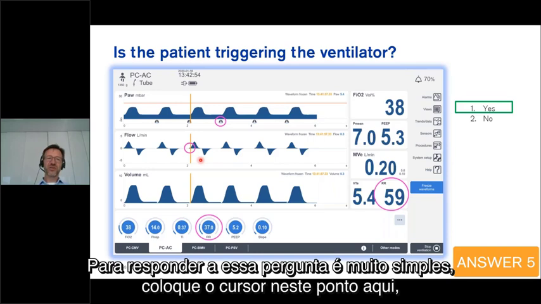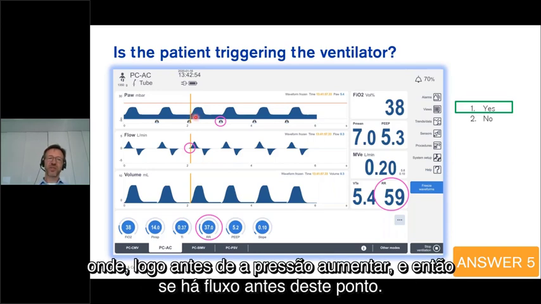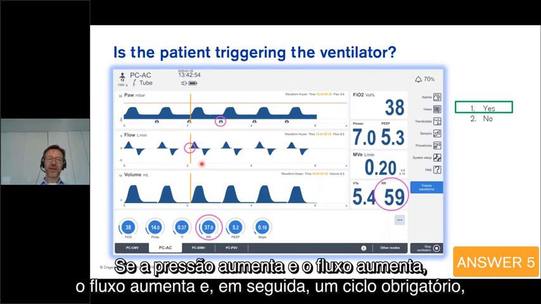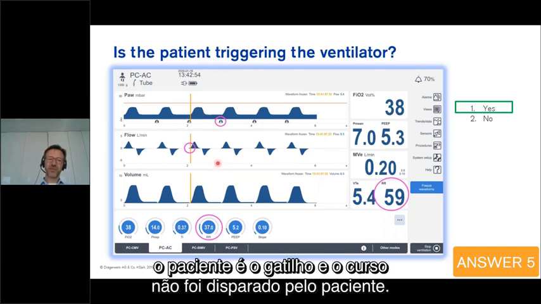Put the cursor to this point just before the pressure is built up, and then look if you have flow before this point. Then it must be the patient who has triggered the ventilator. If first the pressure is built up and then the flow is increasing, then it was a mandatory cycle, and the breath was not triggered by the patient.